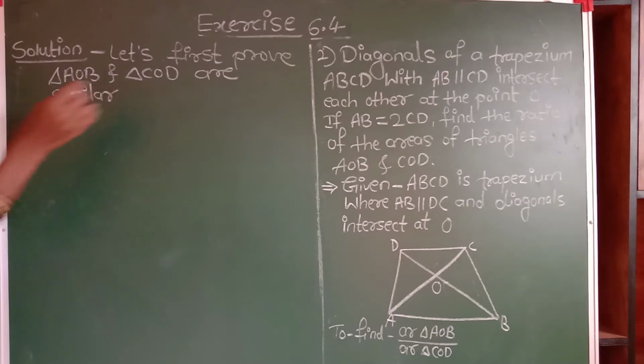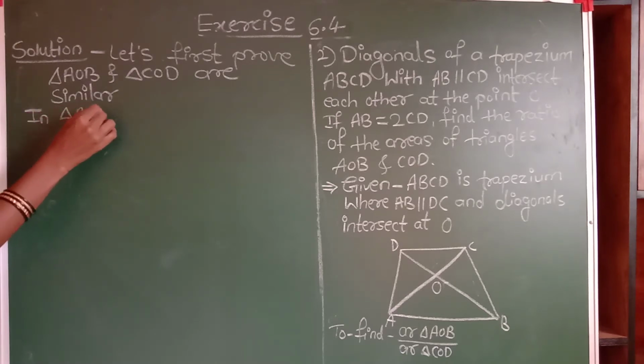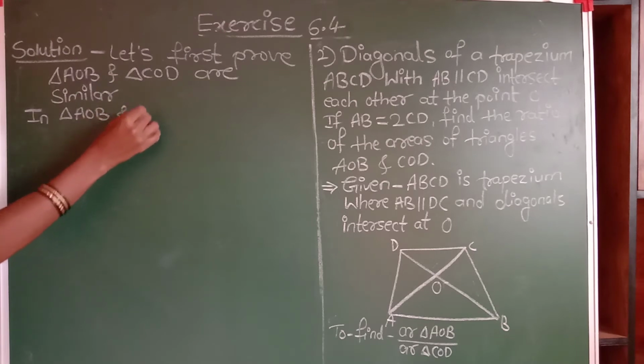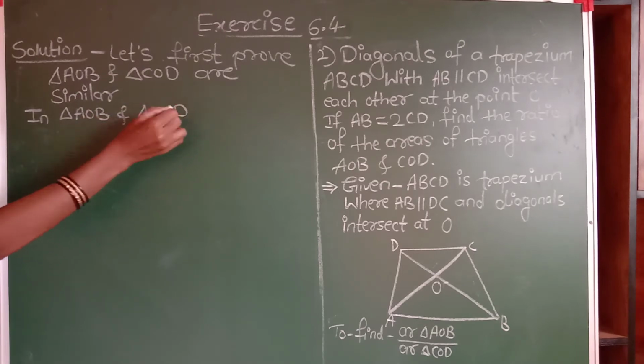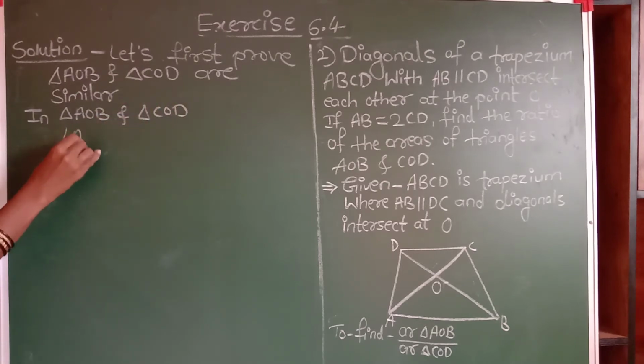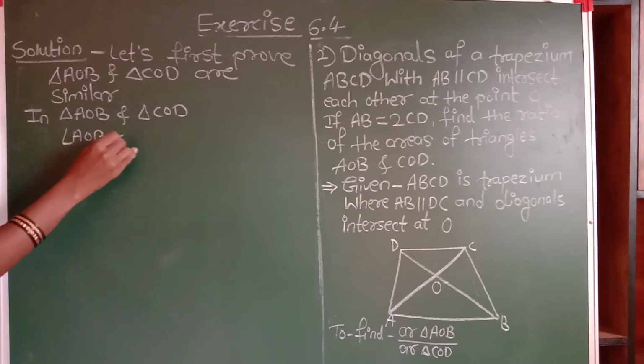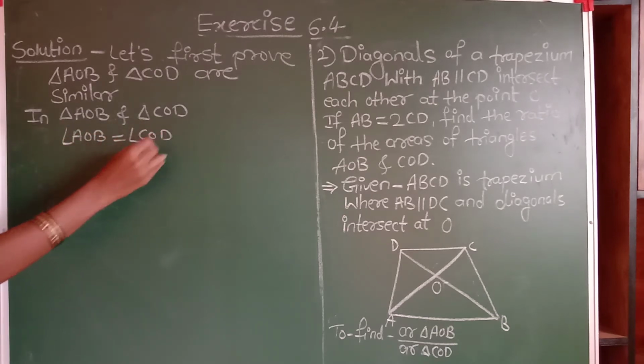We have to prove this. In triangle AOB and triangle COD, angle AOB is equal to angle COD.